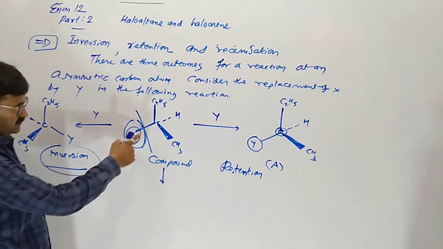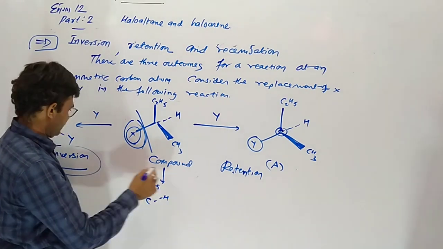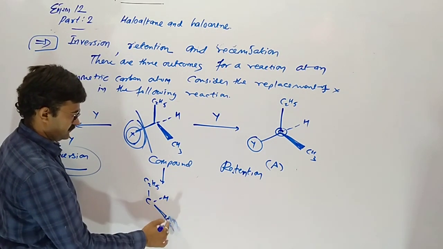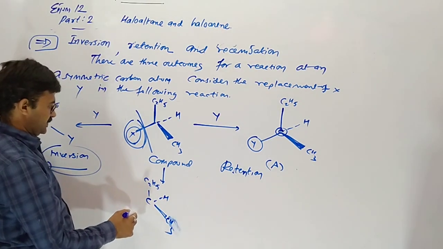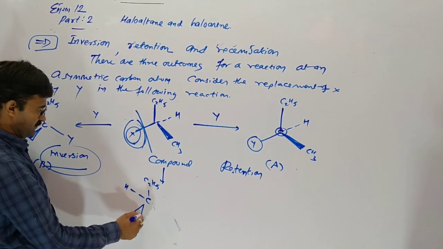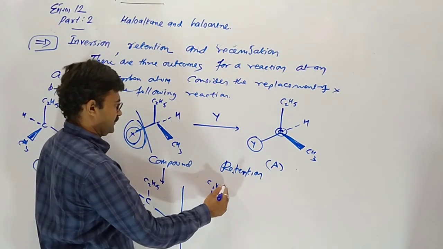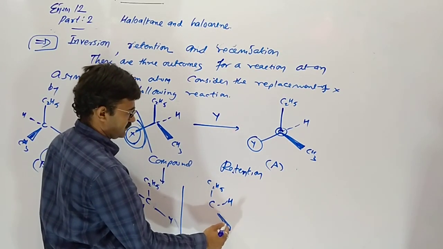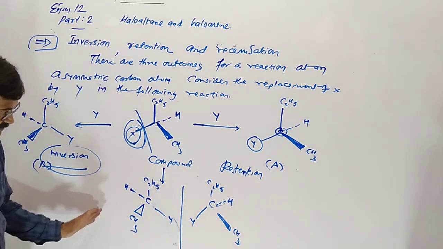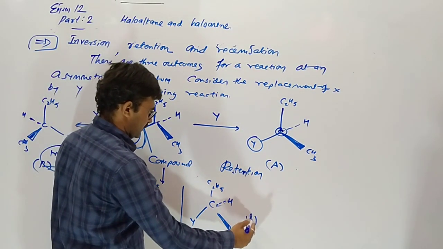Sometimes this compound gives a mixture of both A and B. Here is H, CH3 and Y. Here is C2H5, H, CH3 and Y. You can see both are mirror images of each other. 50% dextro and 50% levo.